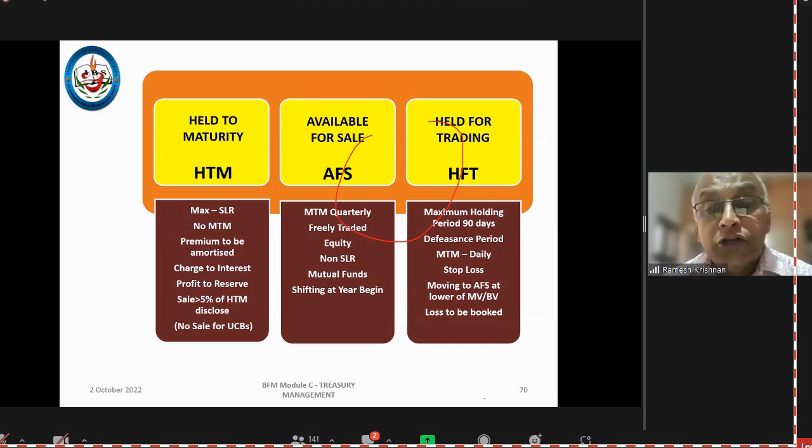Horizontal disallowance and vertical disallowance you will be learning in module D. That's all part of your derivative netting. Otherwise, derivatives will also be separate.